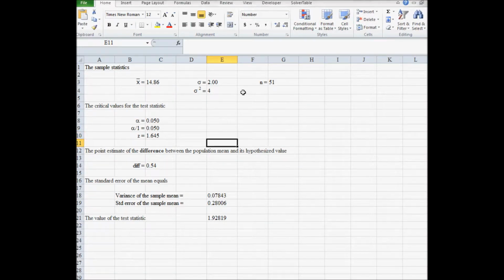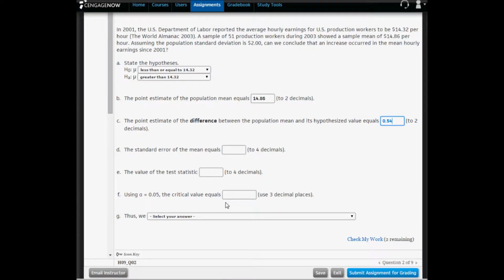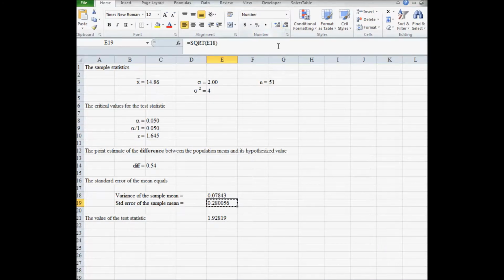Now we're going to enter this information into Cengage Now. So the first thing we're going to do is copy this 1.645 into Cengage Now down here. The critical value is positive because it's an upper tail test, mu greater than 14.32. The standard error and the test statistic have to be to 4 decimal places.